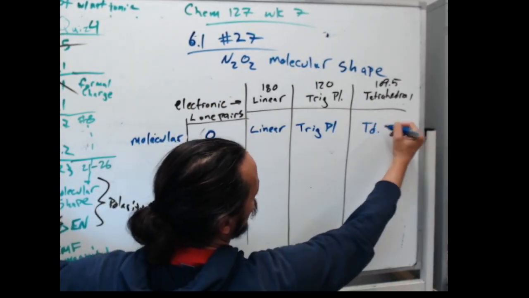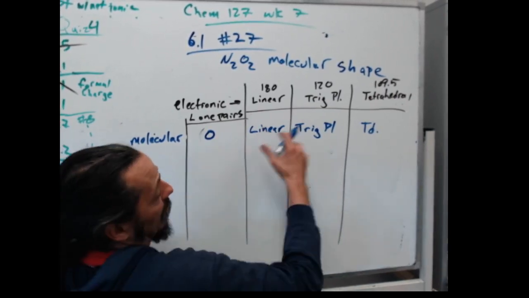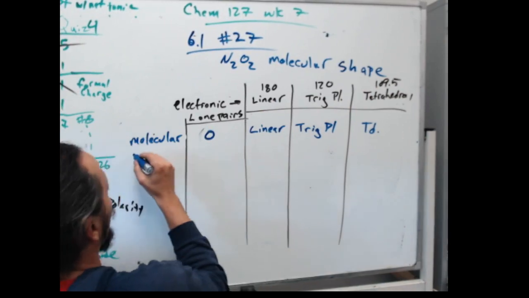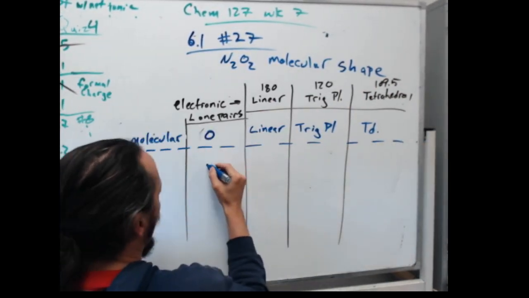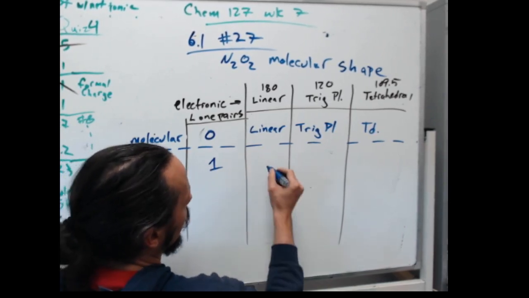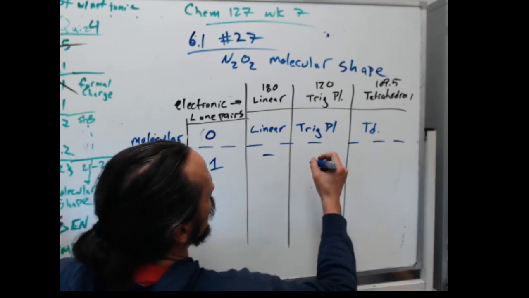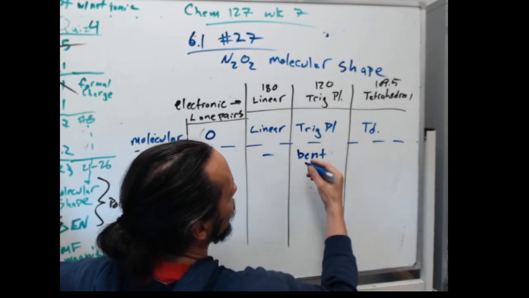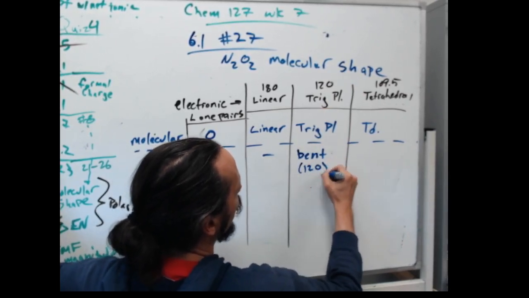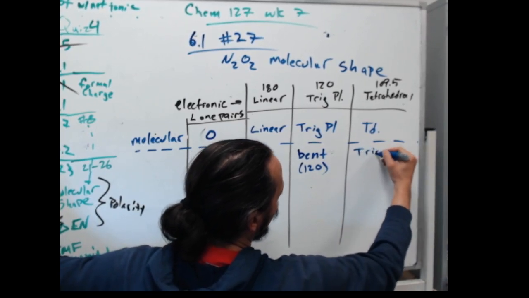I'm going to use TD as a shortcut for tetrahedral because I'm tired of writing it out already. So no lone pairs, it's the same. My linear is linear, my trigonal planar is trigonal planar, my tetrahedral is tetrahedral. If I have one lone pair, I don't really worry about the linear because that's still the same. My trigonal planar becomes bent, and it's still in the 120 column, so it's a bent 120. My tetrahedral becomes a trigonal pyramid.